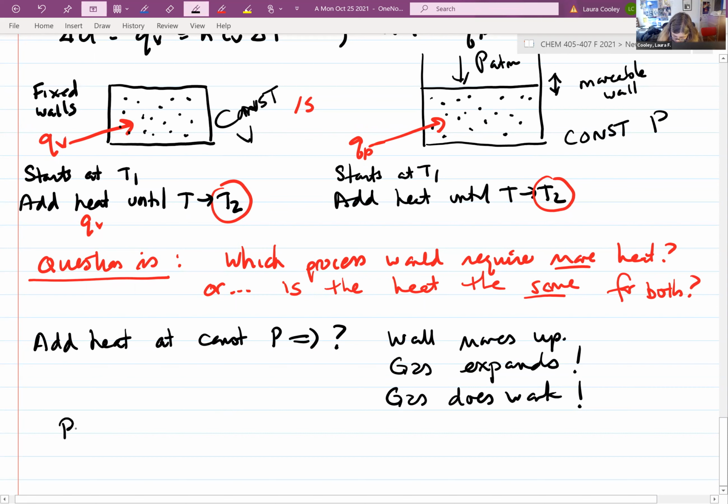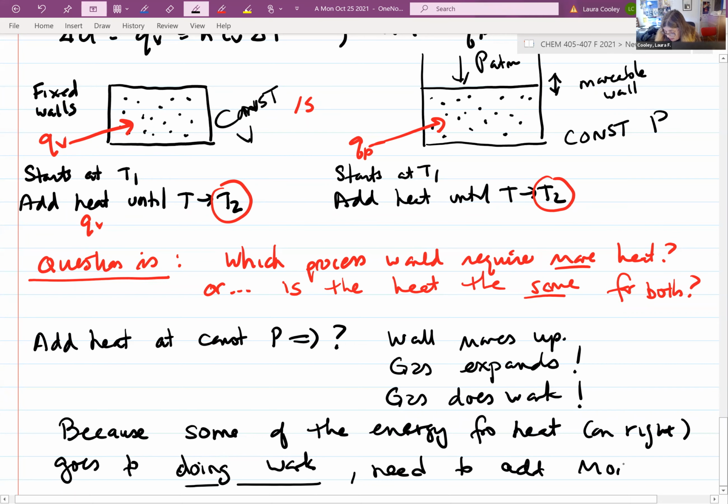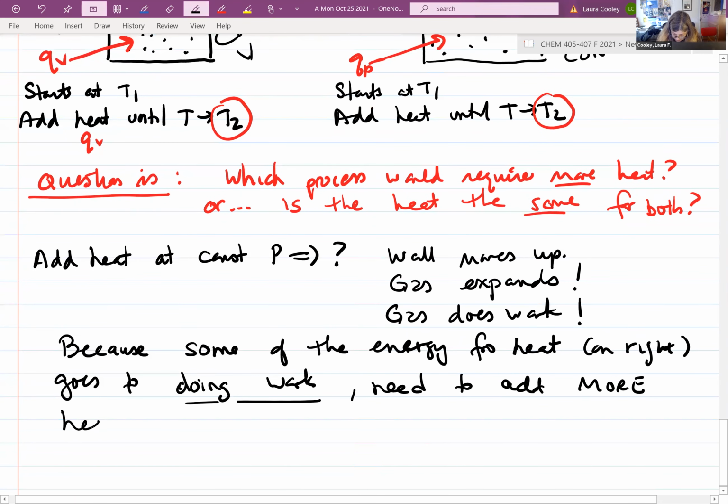Okay, so because some of the energy from heat on the right goes to doing work, you need to add more heat to get the same temperature rise.